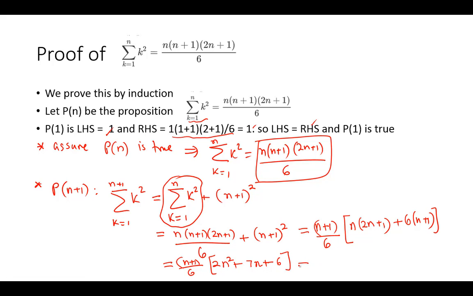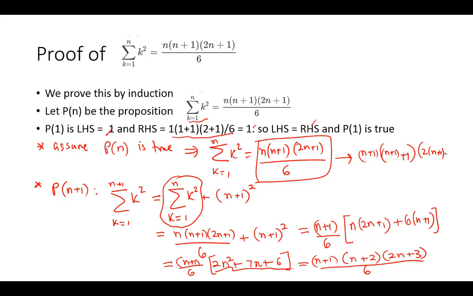So now if we can show that this is in fact (n plus 1), and that this is (n plus 2), and this is (2n plus 3), if you factor this part here, then I think we are all set. Because what that means is that if you take this and replace n by n plus 1, then you get (n plus 1), and then 2 times (n plus 1) plus 1, divided by 6, which is exactly (n plus 1)(n plus 2)(2n plus 3).